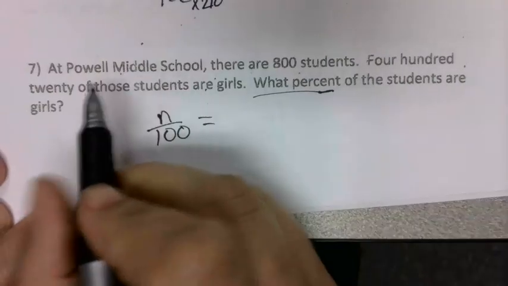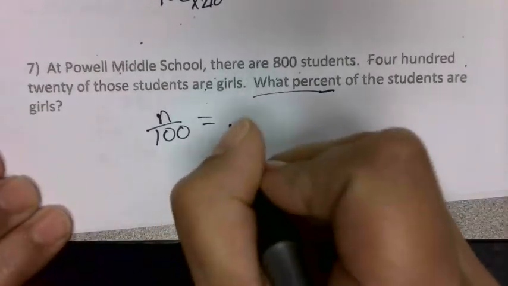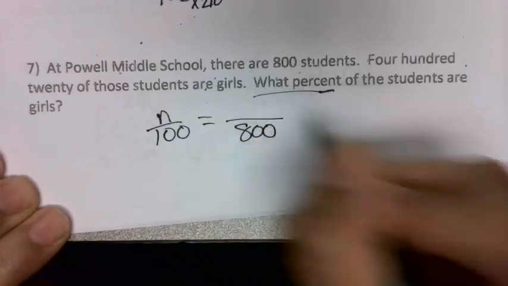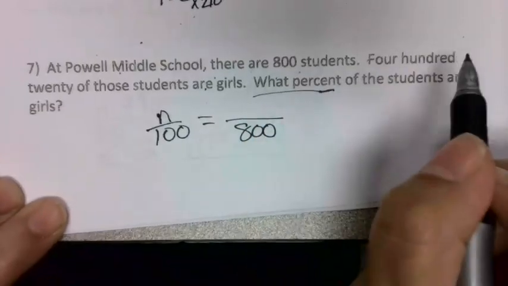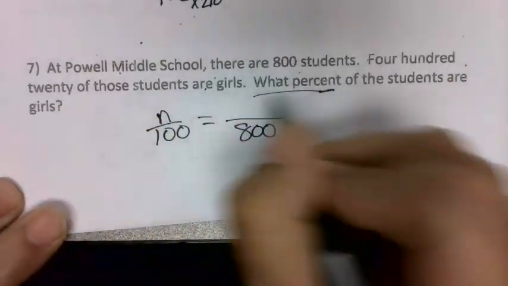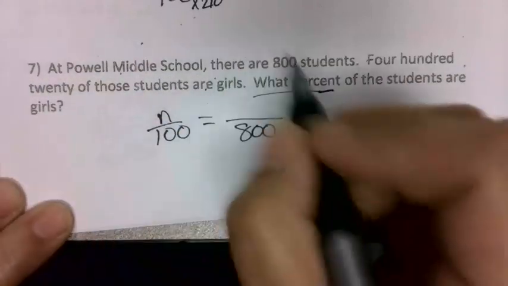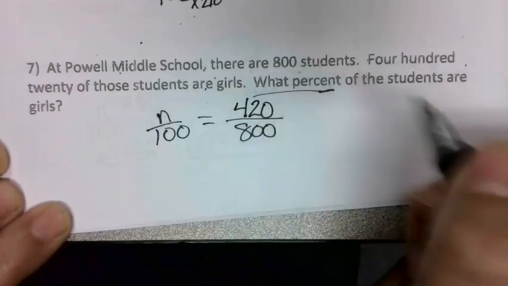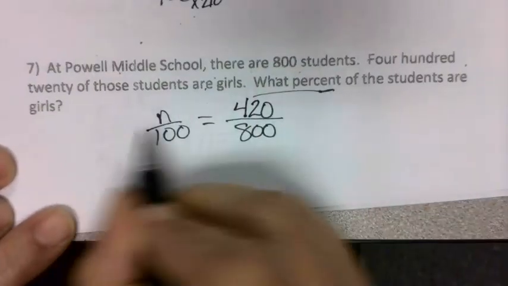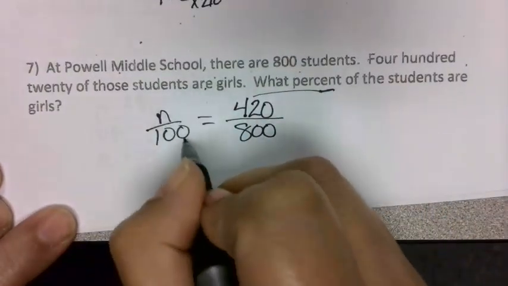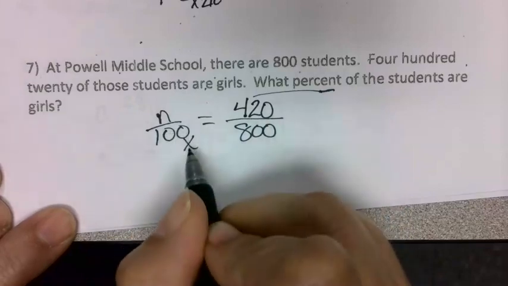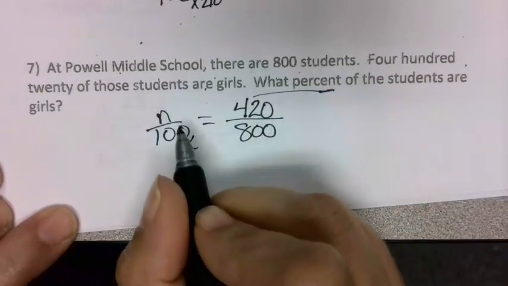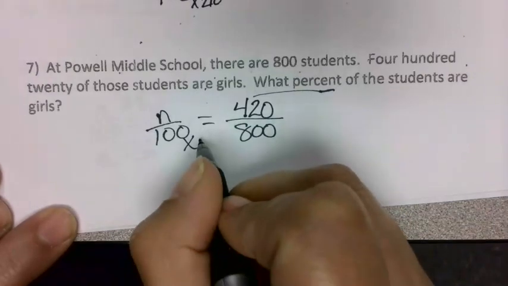Okay, it says that there are 800 students, so I know there's 800 total students. 420 of those, so girls are only part of the whole school, so I know 420 is my part. Don't have enough information on my numerator, go to my denominator. 100, and I put times because my number gets bigger. 100 times what equals 800?